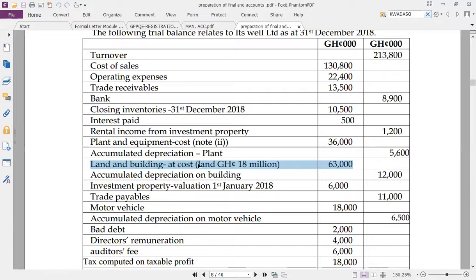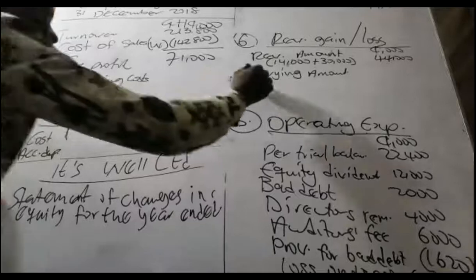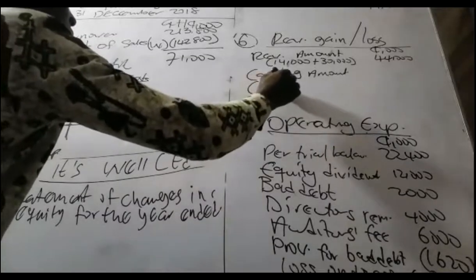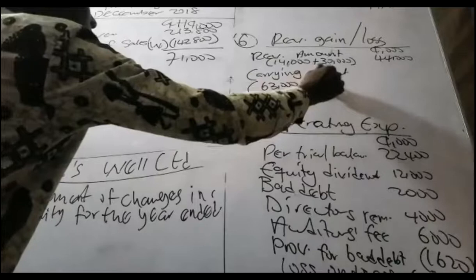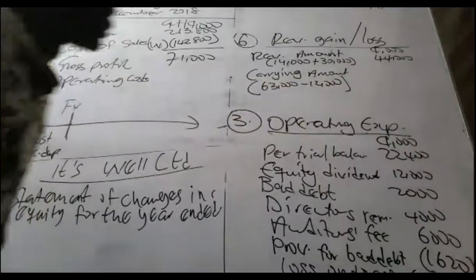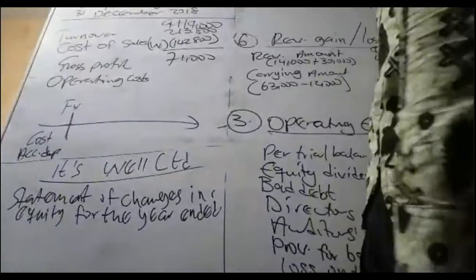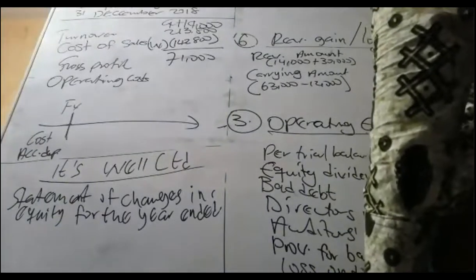So what will be the carrying amount? The carrying amount will be the cost less the accumulated depreciation at the beginning. Because the valuation was performed at the start of the year, we only pick the accumulated depreciation at the start of the year. That is 63 less 12. Open my bracket nicely: 63,000 less 12,000, and that'll give us 51,000.